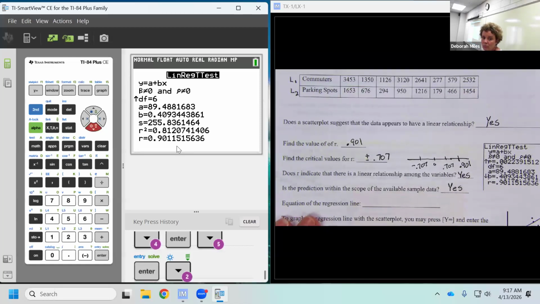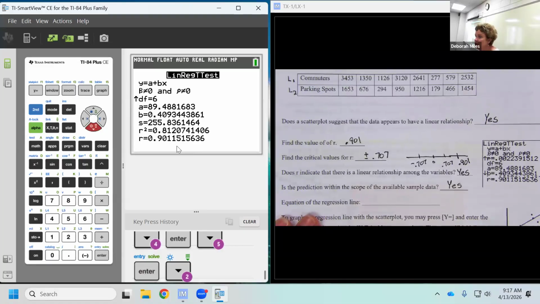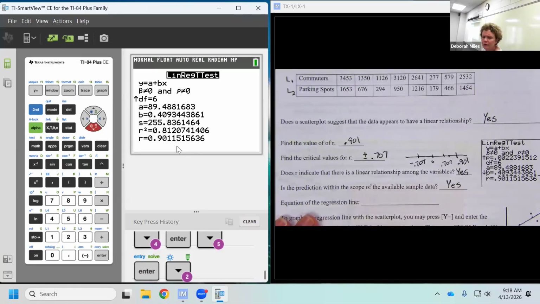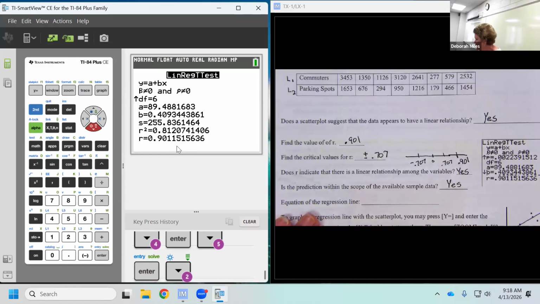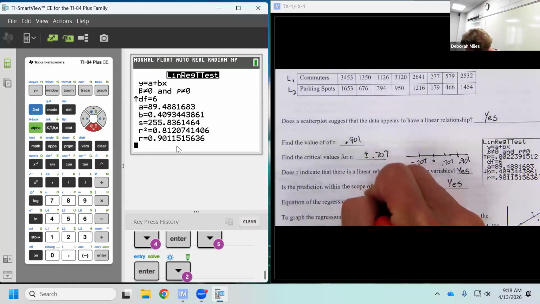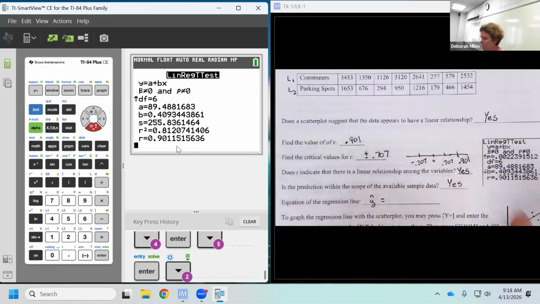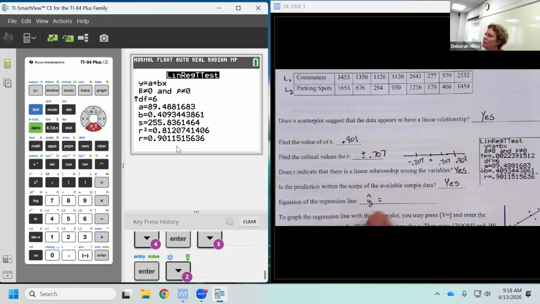And so what's the equation of the regression line? What symbol do we use for the regression line? Y hat, good old Y hat. Your A plus BX.